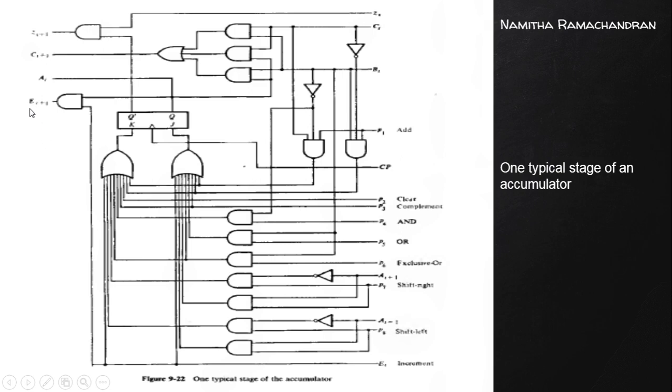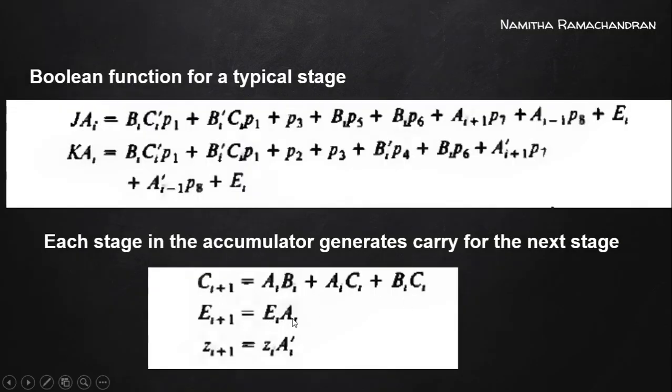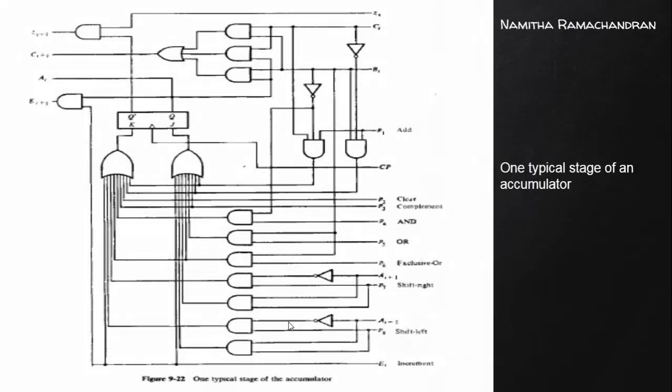And similarly this Ei plus 1 output, the expression is like this, Ei and Ai. So Ei plus 1 is a result obtained from the AND operation between Ei and the Q output of our present Ai state, that is Q and Ei, which decides the Ei plus 1th output.